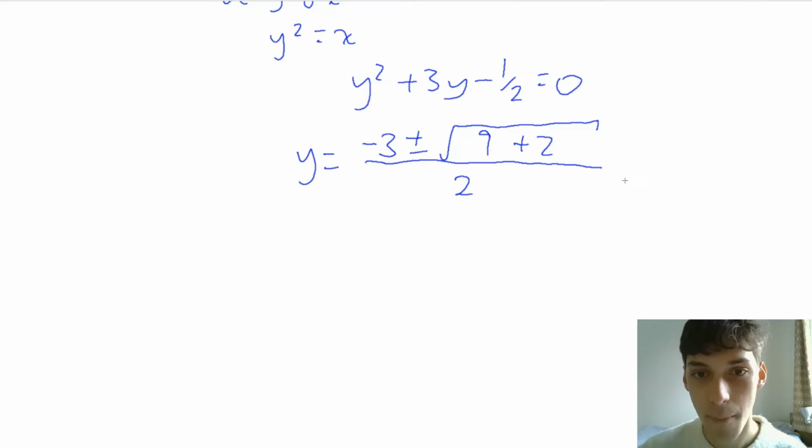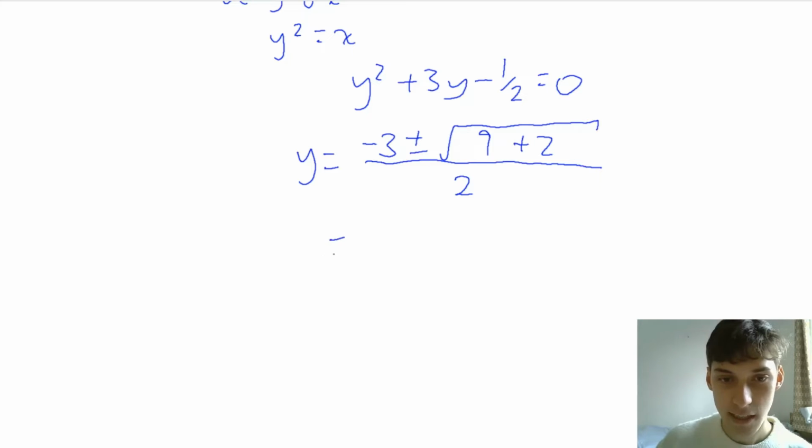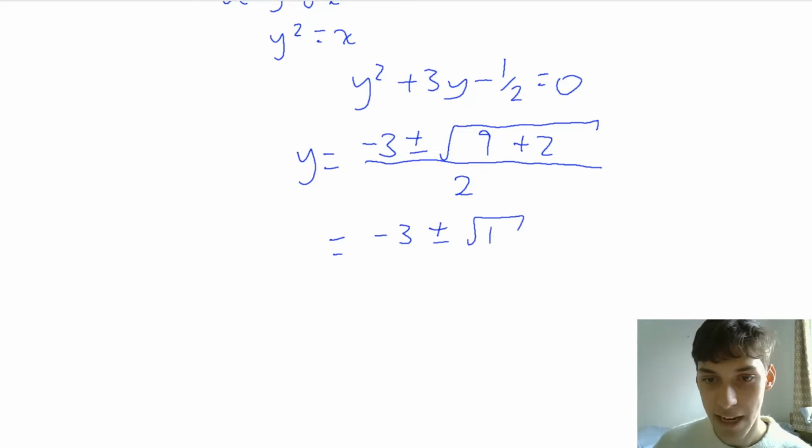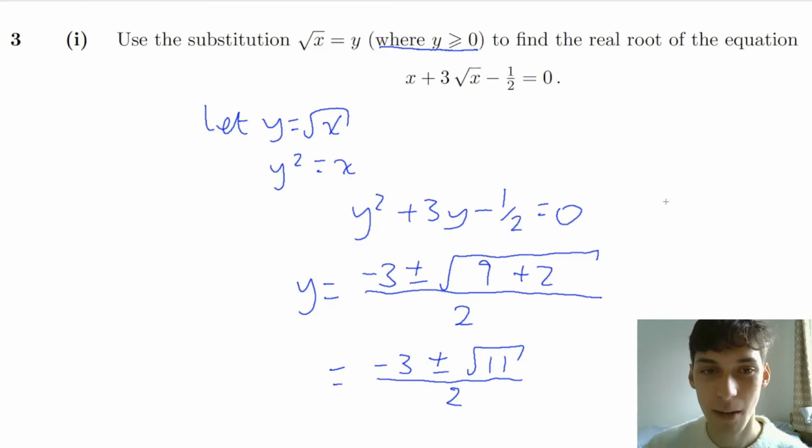So, if I scroll down a little bit, let's see if we can simplify this. So we get minus 3 plus minus square root of 11 all over 2. And this is where what we underlined comes back to be helpful, where y is greater than or equal to 0. So obviously if this takes the minus, we have y is equal to minus 3 minus root 11, that's going to be less than 0.